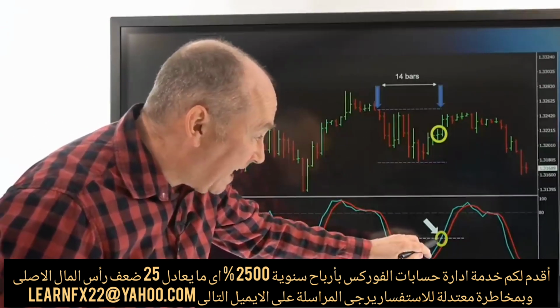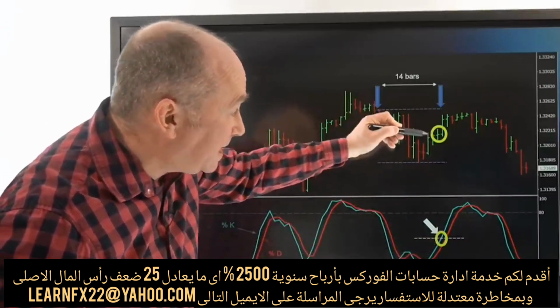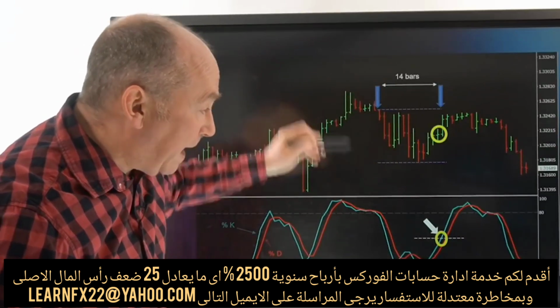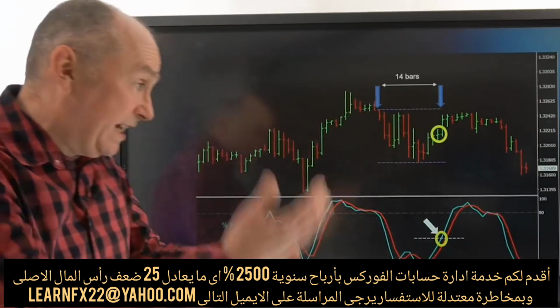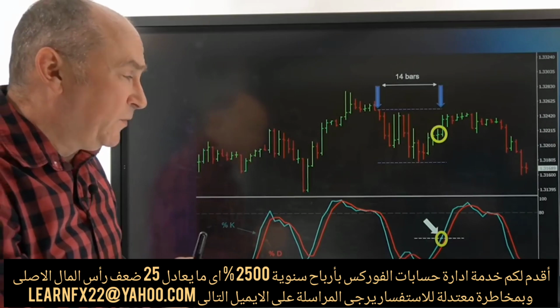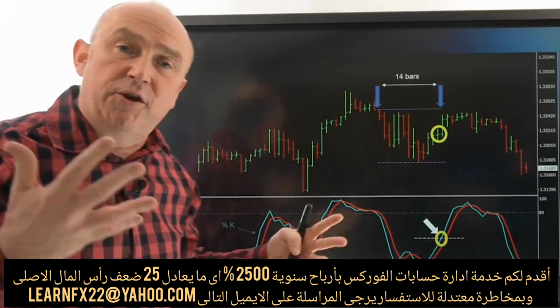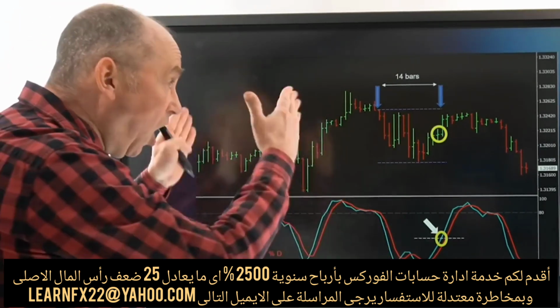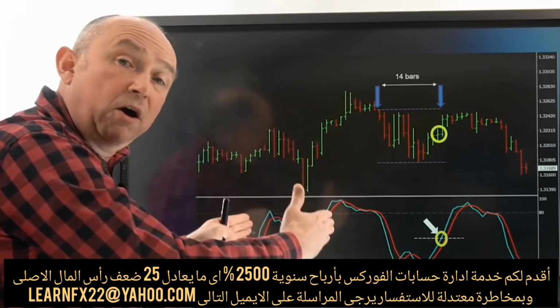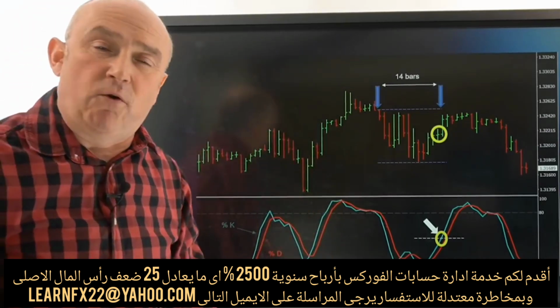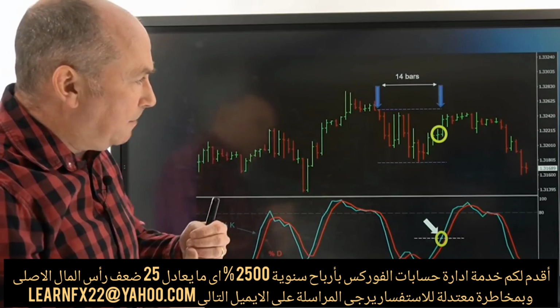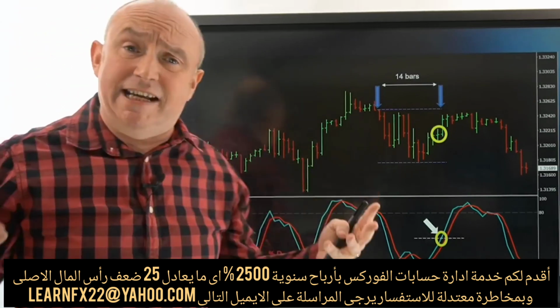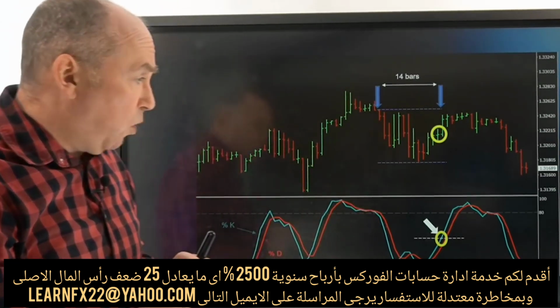So the stochastic indicator is corresponding to the fact that the price is in the mid of the 14 bar look back, and that's why you'll see it there basically at around the 50 level. So that's basically what the stochastic is showing you. It's showing you the relationship to the close over the last 14 bar look back. 14 is the default that most platforms use, and I don't see any real reason why you'd want to change that.